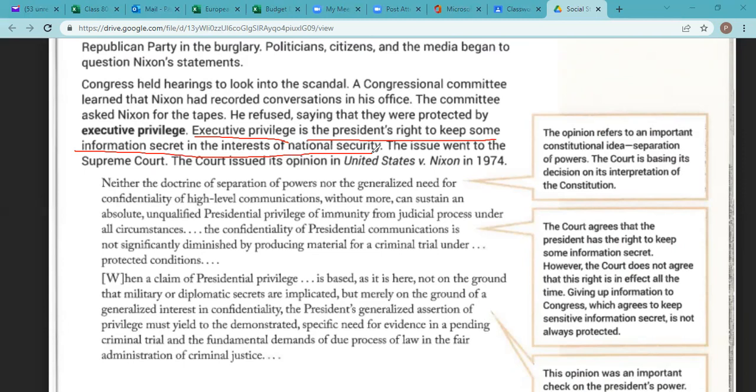All right, so the issue went to the Supreme Court, and the court issued its opinion in what's called United States versus Nixon, 1974.